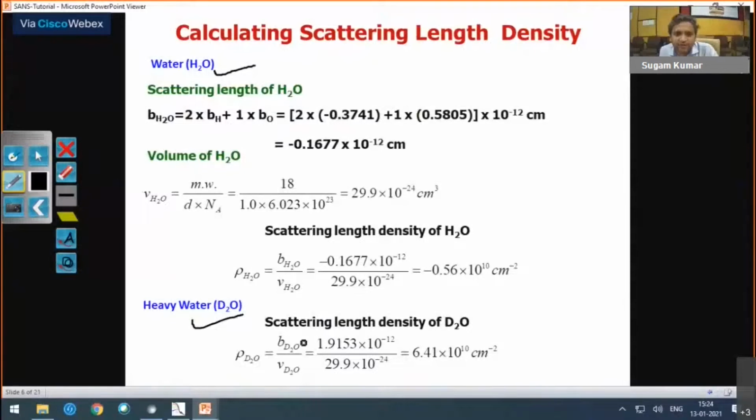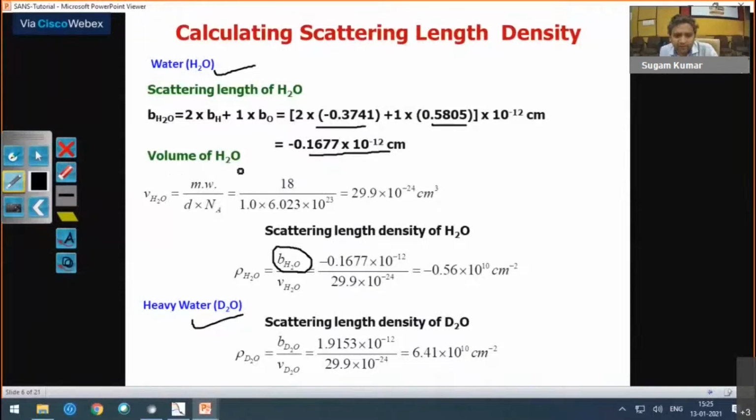So how to do the solvent scattering length density calculation? The formula is simple. One has to have this b, the sum of scattering lengths of H multiplied by 2 plus O, and the volume of this monomer. So the scattering length of H2O, how to calculate? This is 2 atoms of hydrogen plus 1 atom of oxygen. These values are very much available in the literature, and one can get this scattering length density.